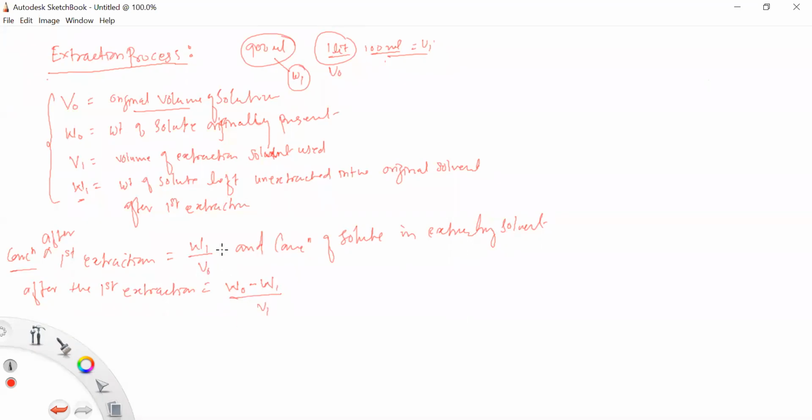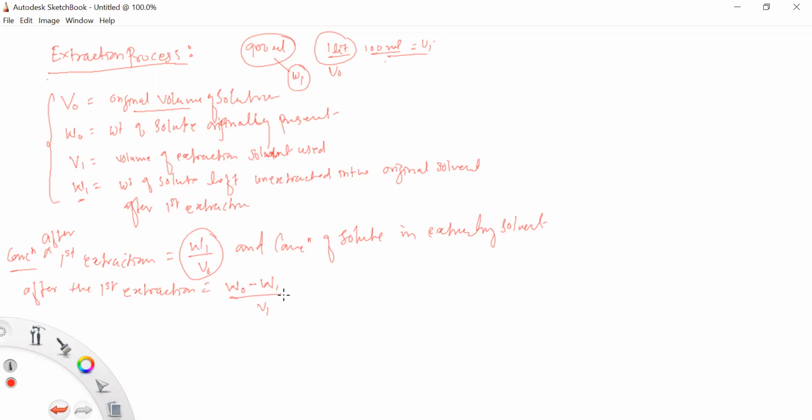So W0 minus W1 is the weight of solute present in the 100 ml of extracting solvent, divided by V1, the volume of extracting solvent, that is 100 ml.